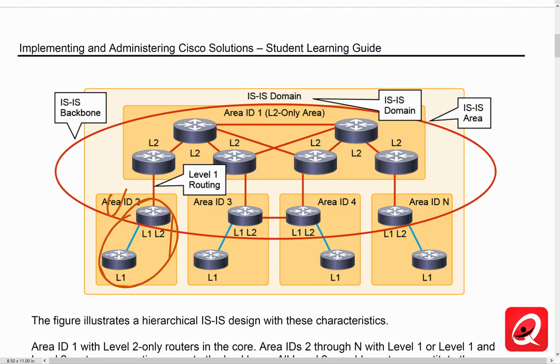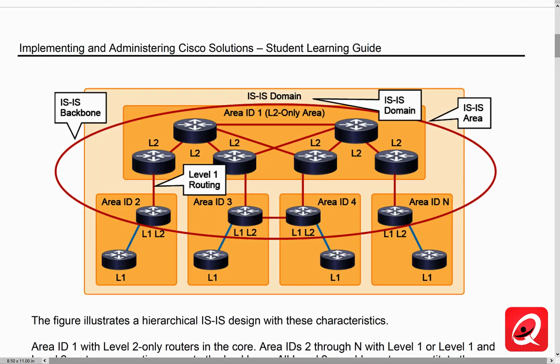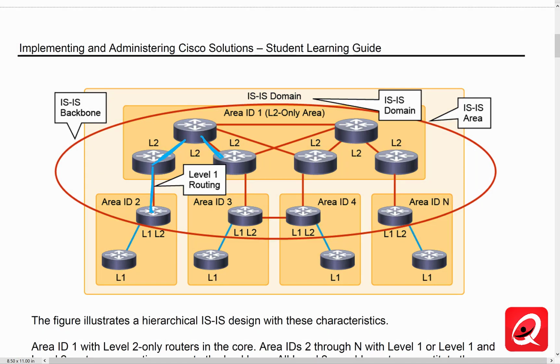But this router here at the perimeter is going to be running L1/L2, which in turn would extend the backbone. If I change my pen color here, because we have a bunch of different interface red lines, we can actually see that our backbone extends from here to here, from here to here, as a level 2 router.